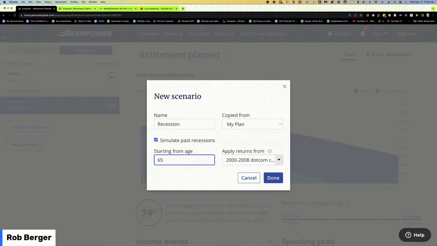So we're going to say when we retire, which is 65, and we have two. We can do the financial crisis starting in '08 or the dot-com crash. I think the dot-com crash is probably the worst of the two. I mean, the financial crisis dropped 50% over a certain period. But dot-com, we had three rough years in a row. So let's go with that.